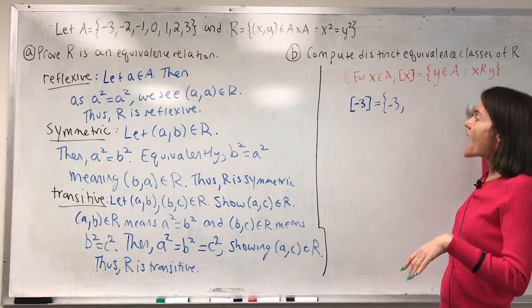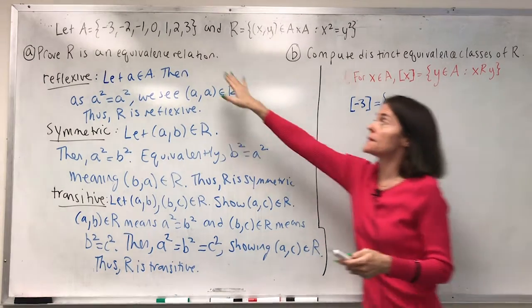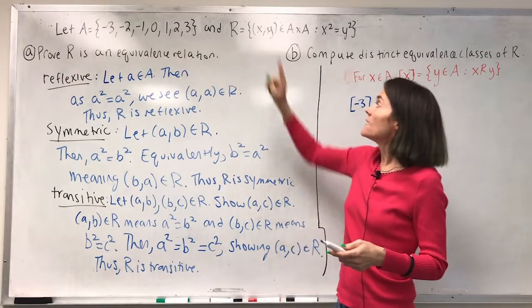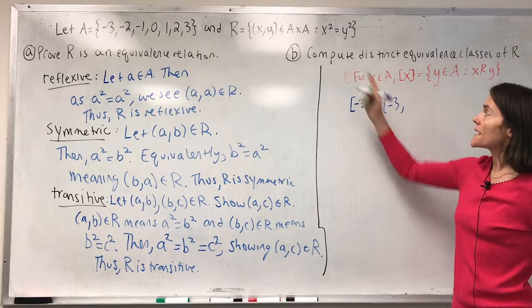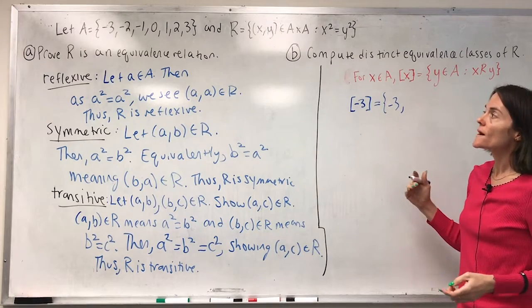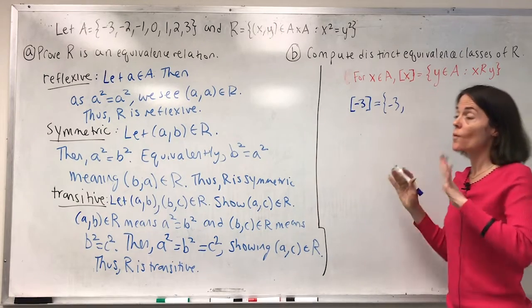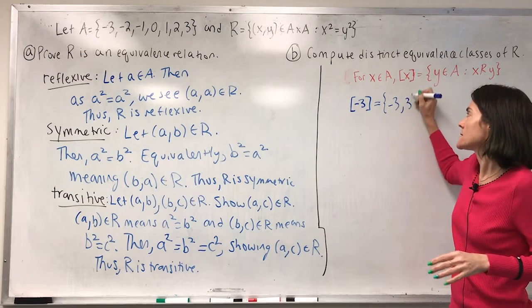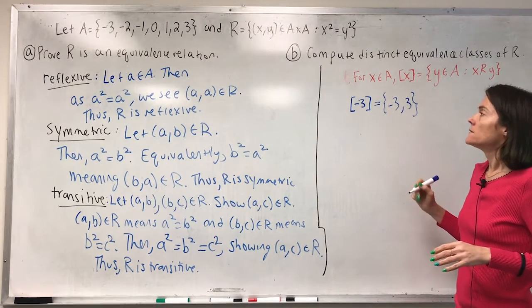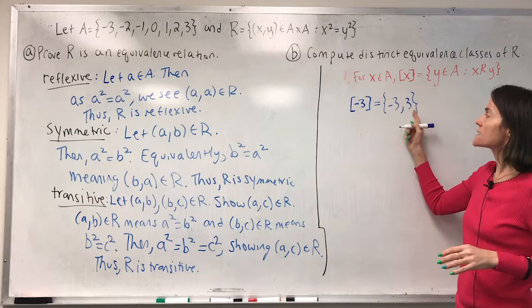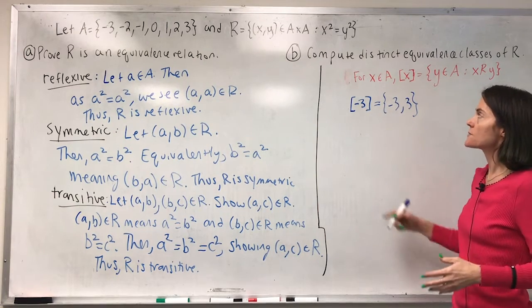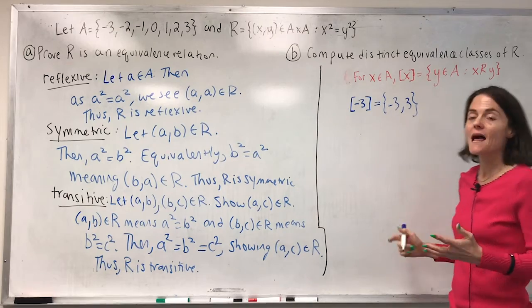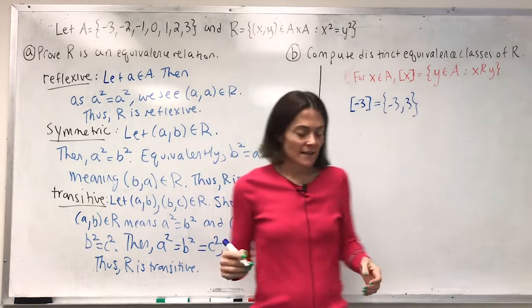Then you will add all the other elements in A that are related to minus 3. Well, minus 3 squared is 9. What other things in A square to be 9? Well, it's just 3, right? 3 satisfies 3 squared is minus 3 squared. Okay, so this is the class of minus 3.